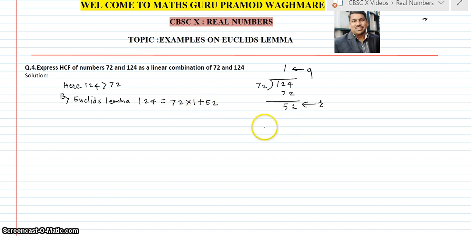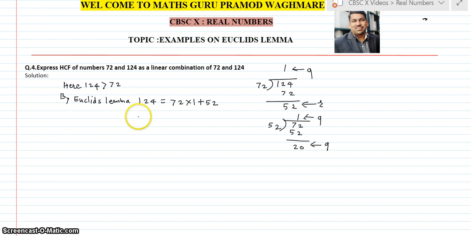Okay, so we divide 72 by 52 and then write it in the form A is equal to BQ plus R. So 52 ones are 52. What is remaining? 20. So the remainder is now 20, and the quotient is 1.